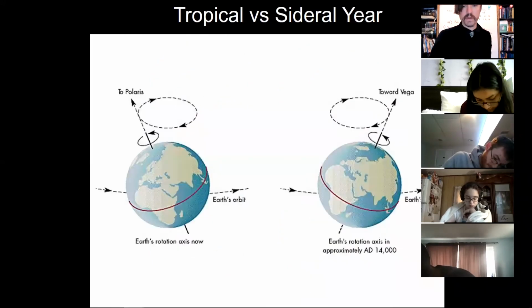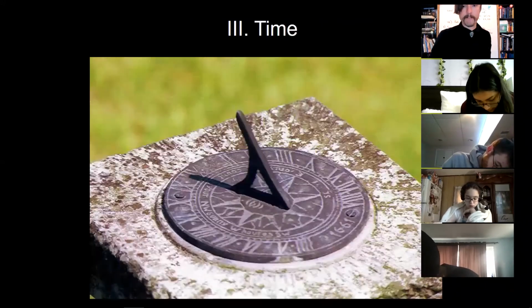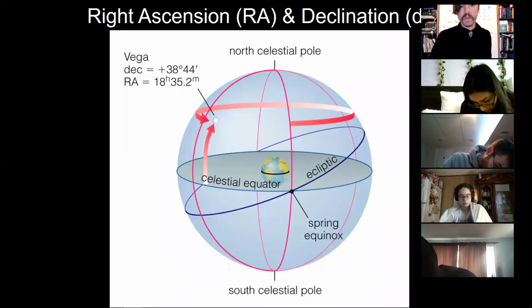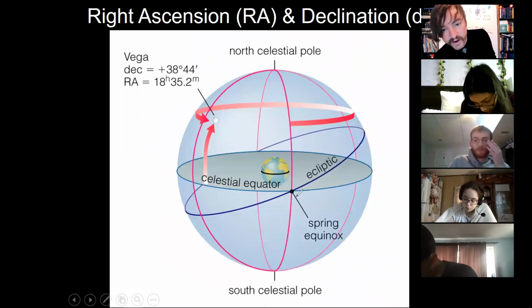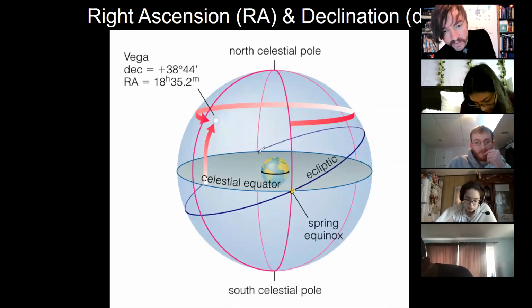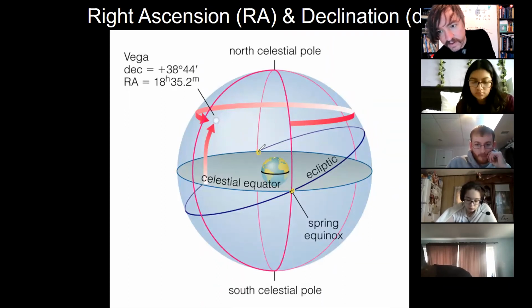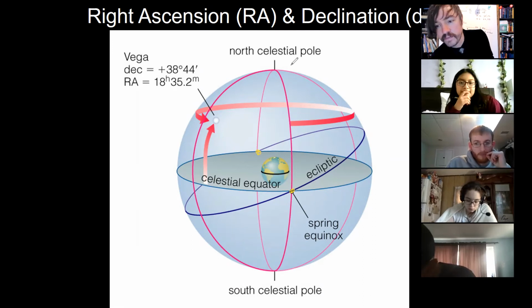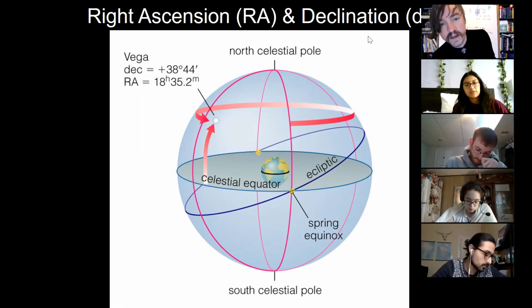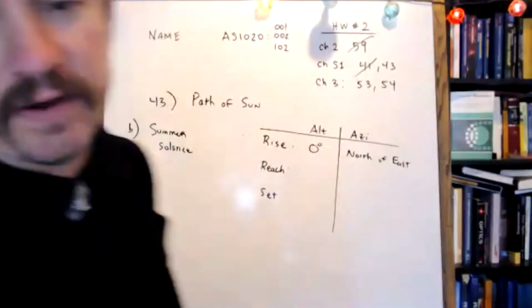Remember that the sun is on the celestial equator, not only on the spring equinox, but also on the fall equinox. So it's basically the same for the spring and fall equinox. Does that make sense? Yes. If you're on the celestial equator, you're just traveling the path of the celestial equator.